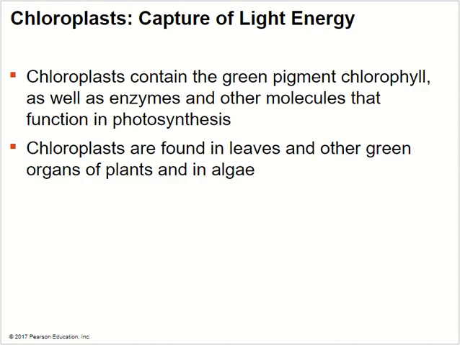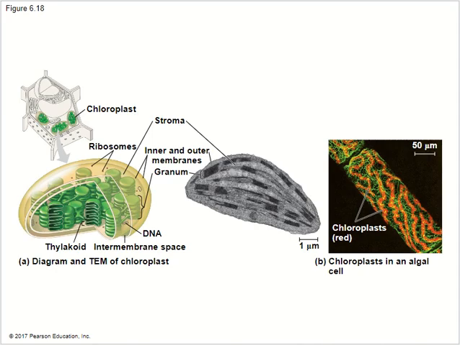Chloroplasts contain the green pigment chlorophyll, as well as enzymes and other molecules that function in photosynthesis. Chloroplasts are found in leaves and other green organs of plants and in algae. What we see is that chloroplasts contain these coils called the thylakoids and intermembrane space.